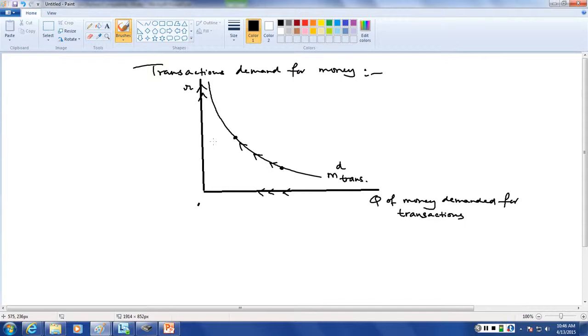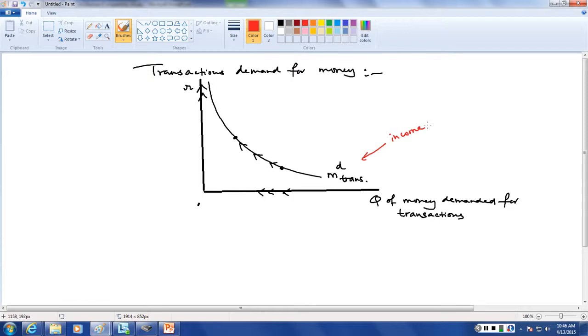Now, let me ask you another question. Is there a relationship between this and income? Is there a link between the demand for money for transactions and the individual's income? Let's say we have two people and one person has more income than the other.